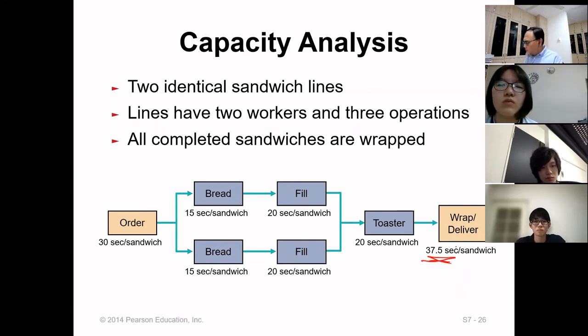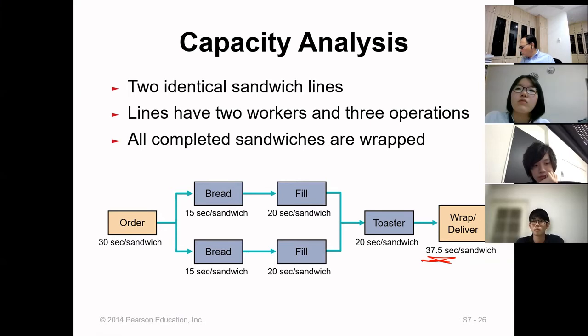If you do the analysis, clearly the toaster is the single slowest resource in the five-step process.